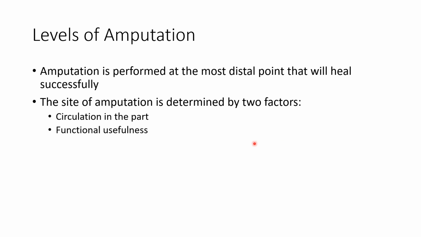With the amputation itself, we perform it at the most distal point that will heal successfully. We do this because we want to preserve as much of the limb as we possibly can. If we don't need to do an above the knee amputation, and a below the knee amputation makes more sense, then we're going to do a below the knee amputation.